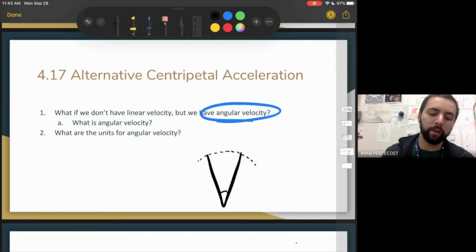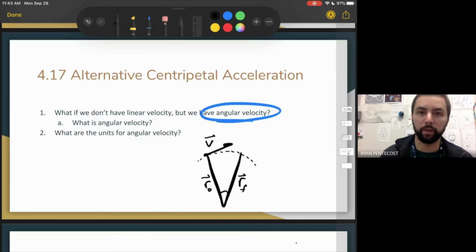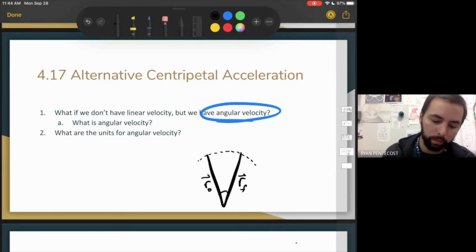And we have these radius vectors, r naught, rf. But instead of knowing how fast we are moving tangentially, we don't have this velocity vector that's showing the tangent rate of change. What we really have is the rate that we are going around the circle.